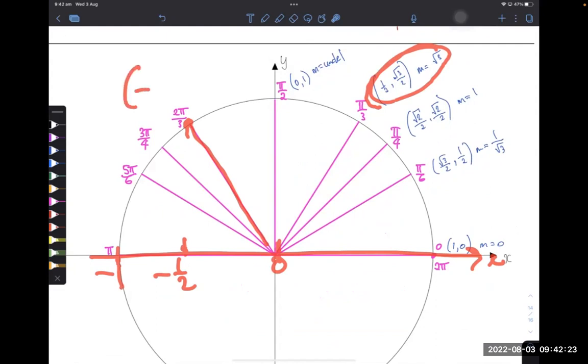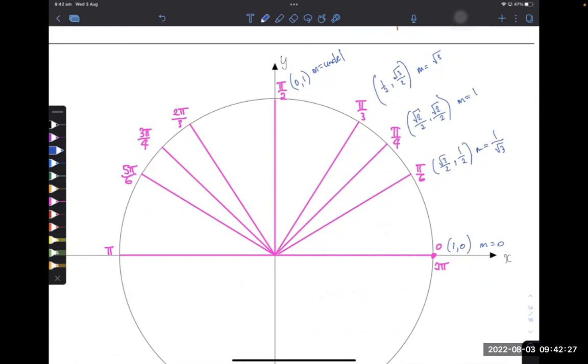So the X value here is -1/2. What's the Y value? It's the same. √3/2. And what's our gradient? Yeah, so this is positive √3.